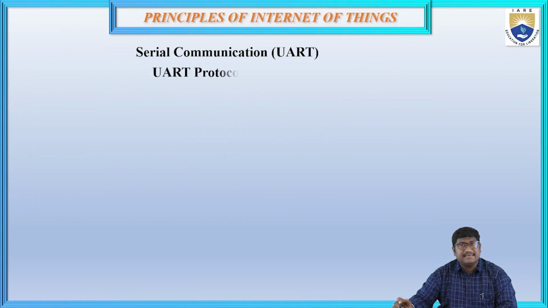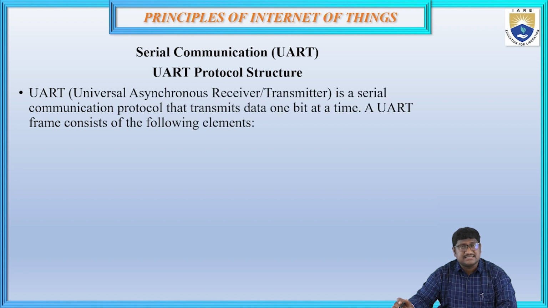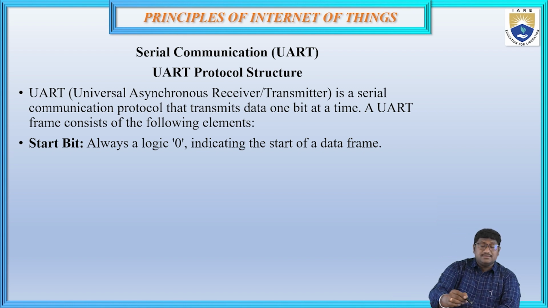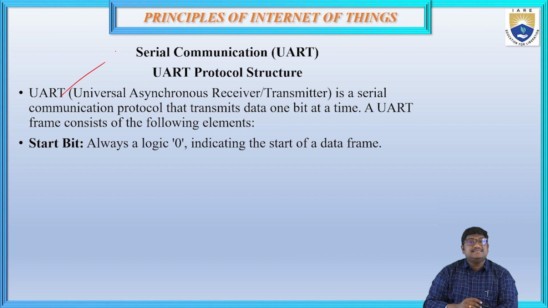This is about UART. Coming to the UART protocol structure, UART stands for Universal Asynchronous Receiver Transmitter, a serial communication protocol which transmits data one bit at a time. The frame consists of the following elements.